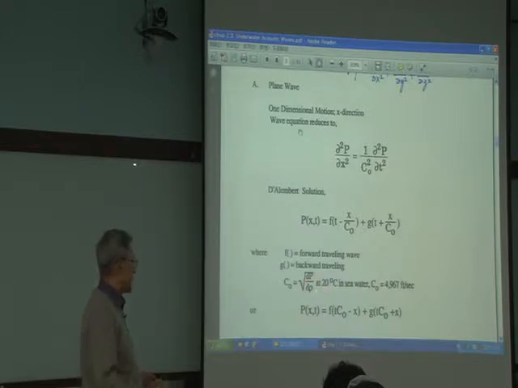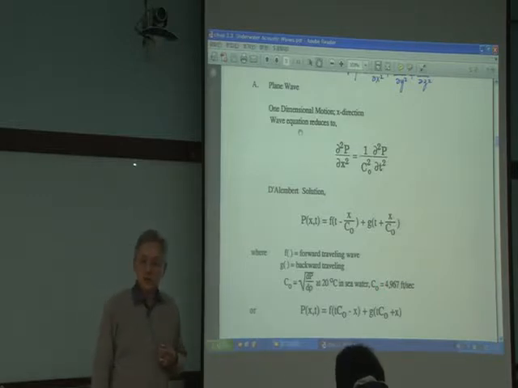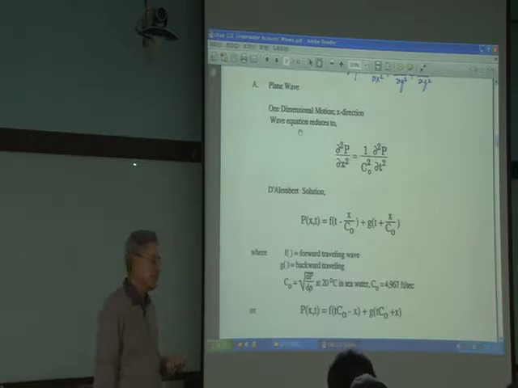Usually the standard environment or condition is 20 degrees C in seawater, and the basic value for C naught is about 5,000 feet per second. We can convert into the metric, which is about 1,500 meters per second.